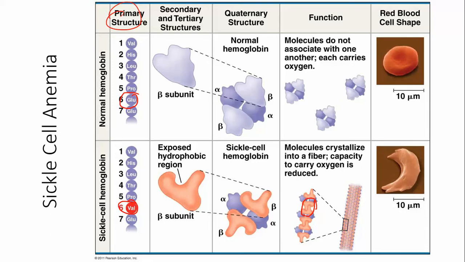And that causes these hemoglobin subunits to form this large crystal or a fiber. That not only reduces its ability to carry oxygen, it also results in the property for which the disease is named, which is the particular shape of the red blood cells. They end up getting changed into this sickle shape.